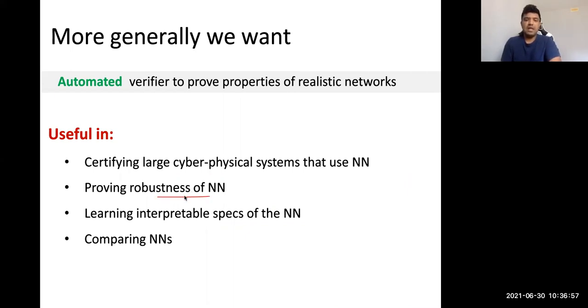Like proving that adversarial attacks aren't possible or less likely, and learning interpretable aspects and specs of the neural network, like understanding why it does what it does and how it makes its decisions. It can also help us compare neural networks and see what's the difference between them, because there are so many models. It can give us a lot of information and insight into our systems or models.